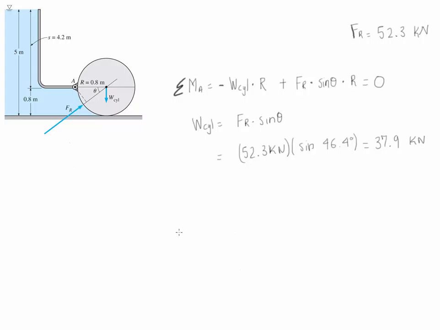Please go back and double check all the calculations and make sure why we're doing different moments or why we're using different forces in order to obtain the results in this problem.